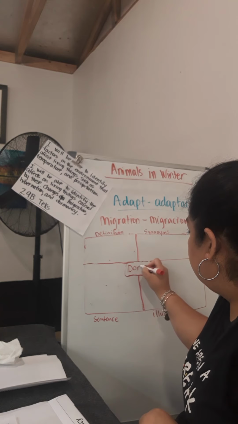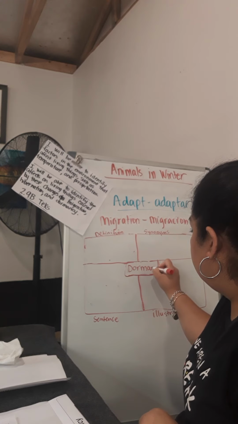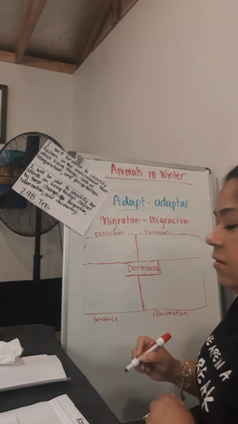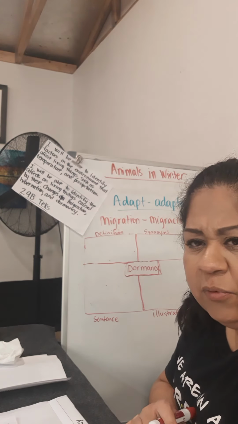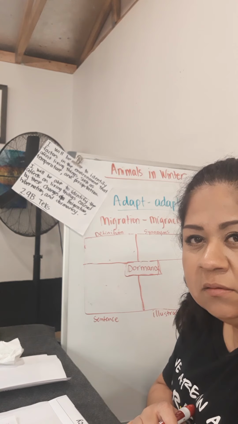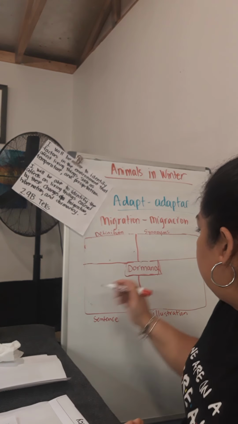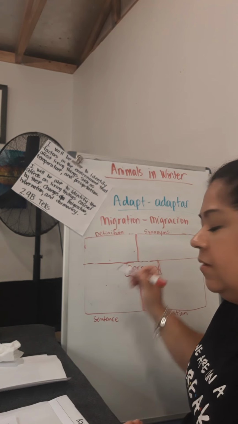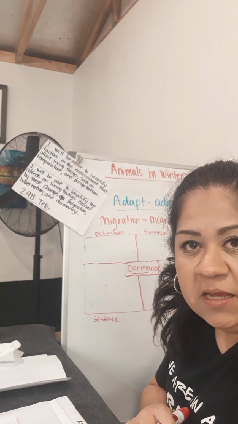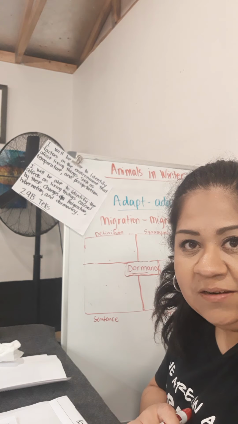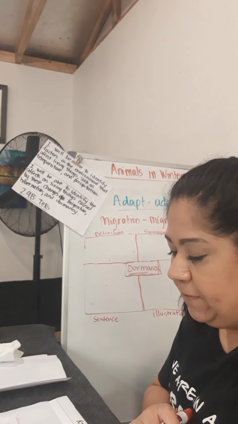Dormancy. Now, what do you notice about that word, dormancy? It's kind of like a cognate, but what does that remind you of in Spanish? Dormir, right? Which means to sleep.